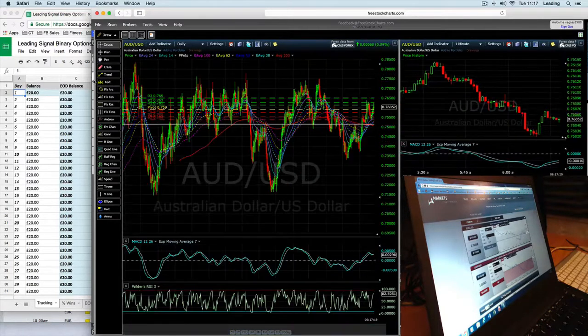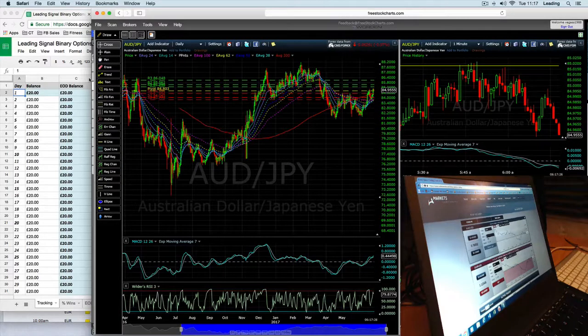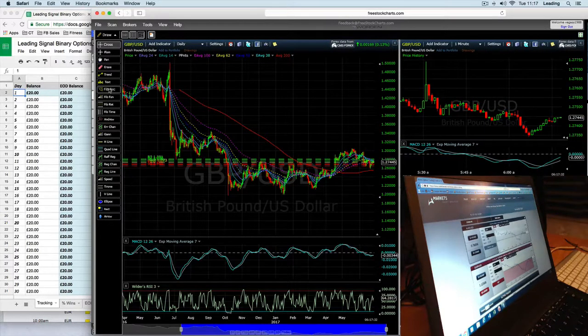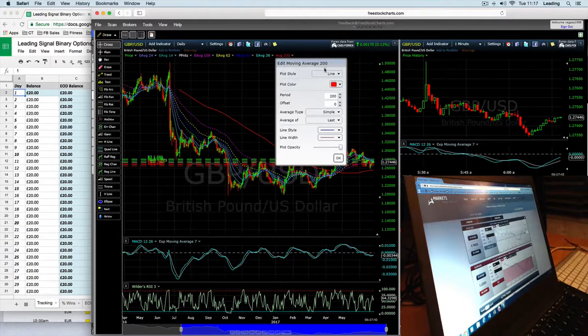So let's just have a look at other pairs to see where they should be up to. With cable, cable's still above the 200 moving average. It's not exponential, is it?